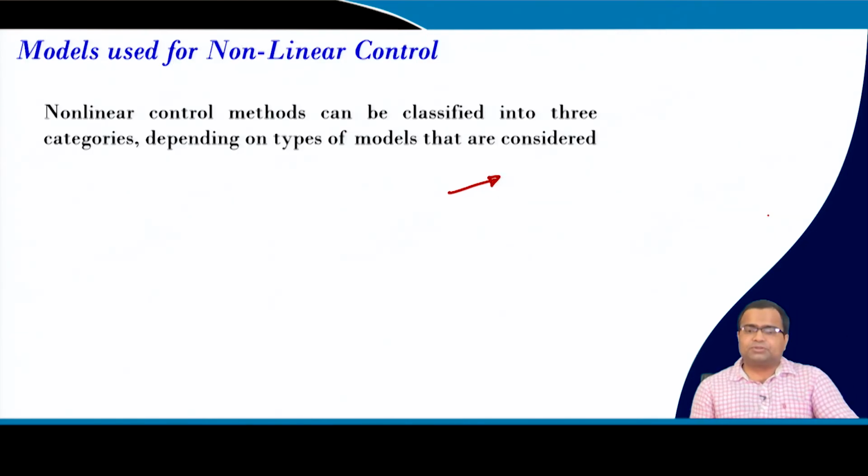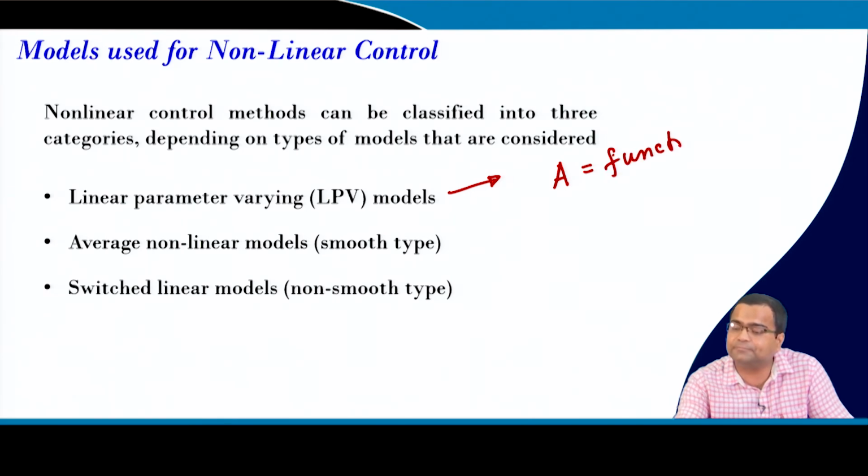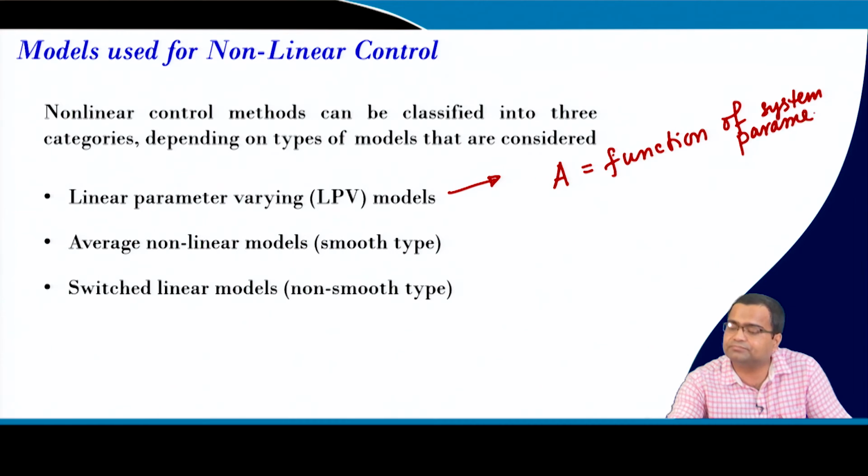So, that means the duty ratio will also vary with the load current. That is why this is called a linear parameter varying model, where the A matrix is a function of system parameters and operating condition.